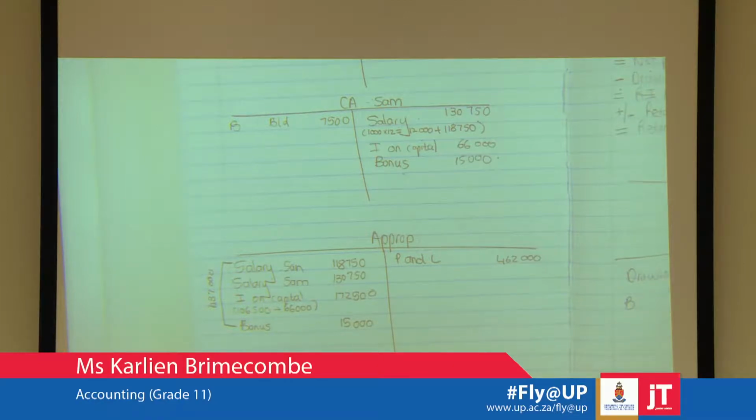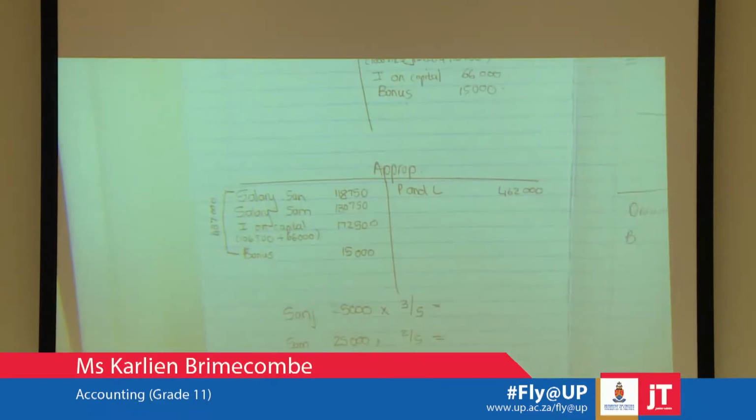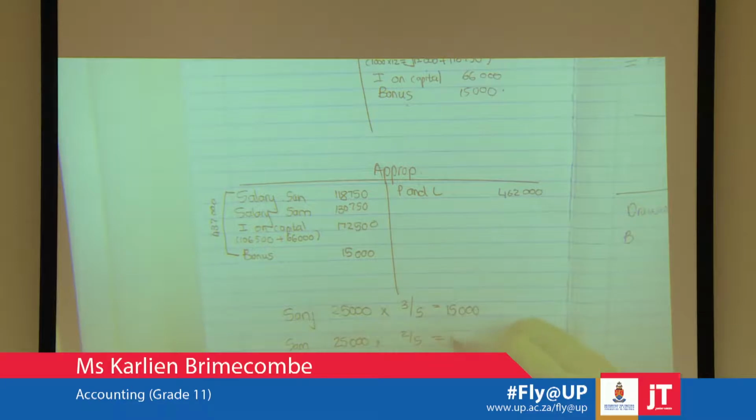So which one comes first? The name which is mentioned first. So that's Sanja and Sam. Right. So how much is Sanja going to get? I can't hear? Good. And the difference is?